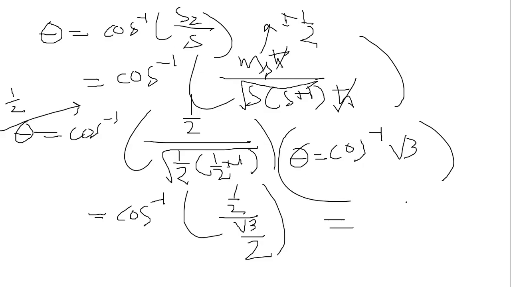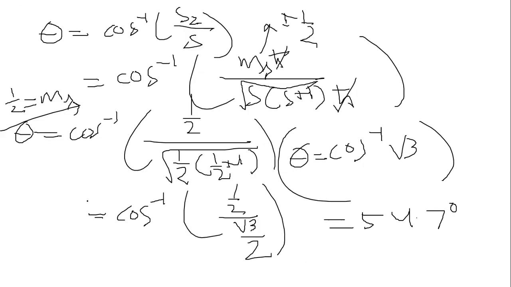So the value of theta will be 54.7 degrees. We calculated here for m_s equal to half. Similarly, if we calculate for m_s equal to minus half, it will be cos inverse of minus 1 by root 3. Then simply we can write.